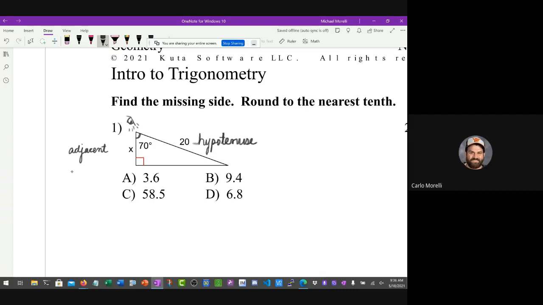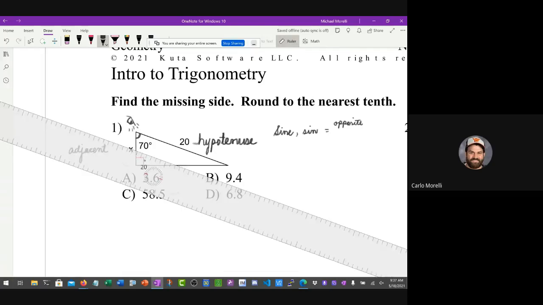So there are three trigonometric functions. The first one is called sine, and that's spelled SINE. It's abbreviated SIN. Okay. And it is equal to the opposite side over the hypotenuse.